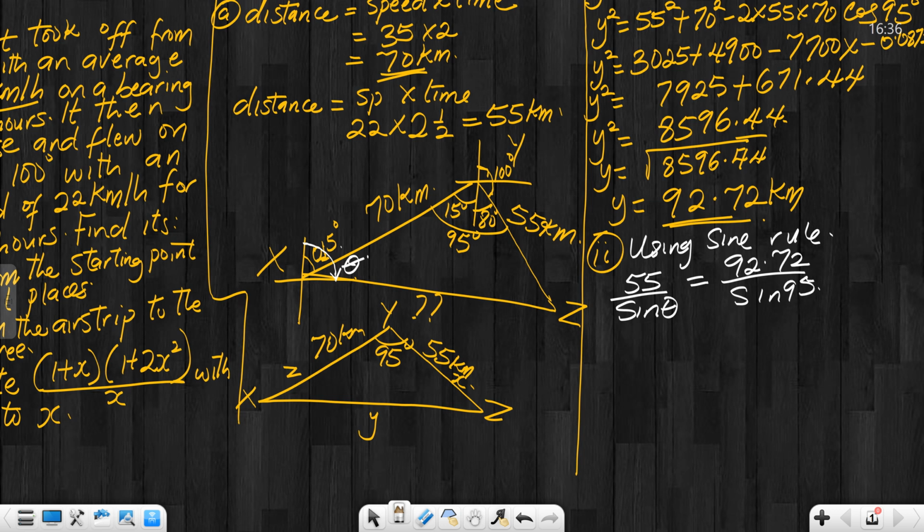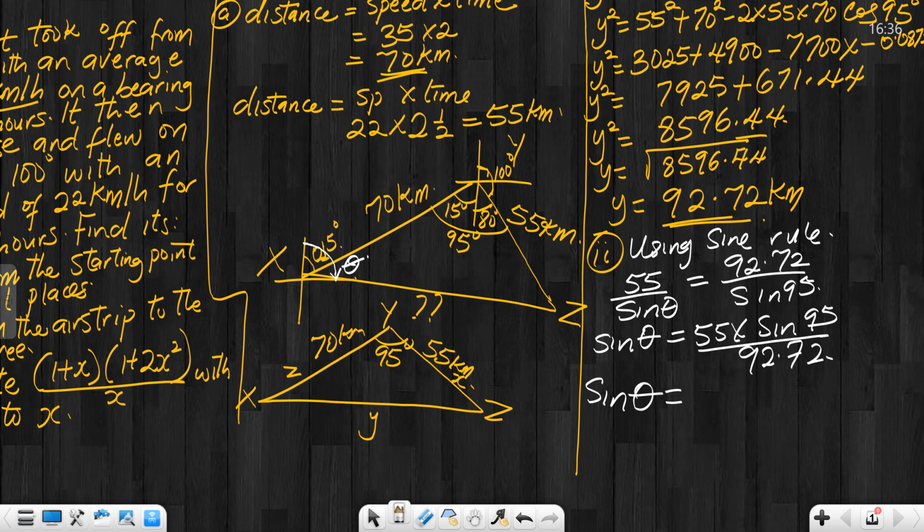So from here you cross multiply. Here I have sine theta equals 55 times sine 95 all over 92.72.